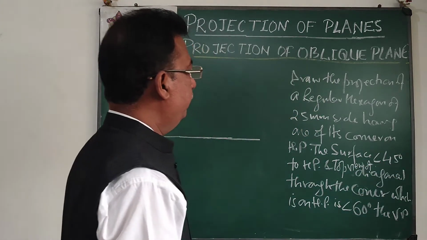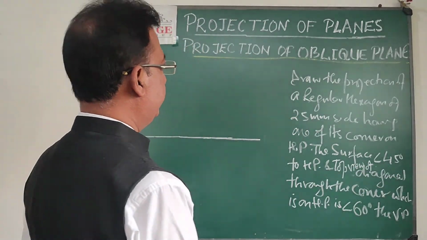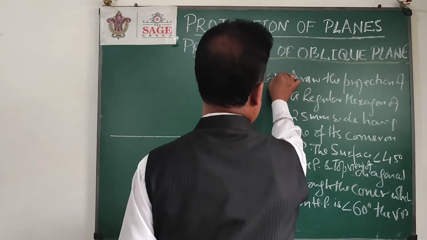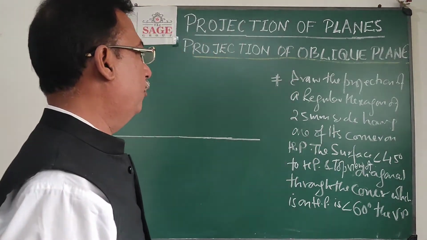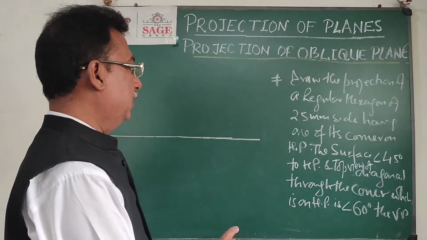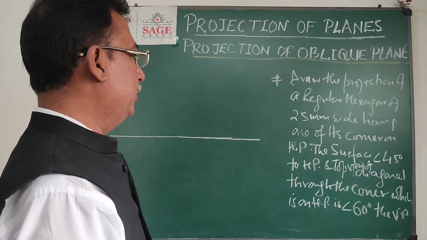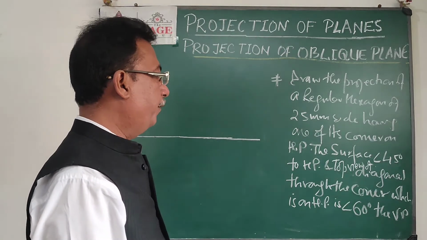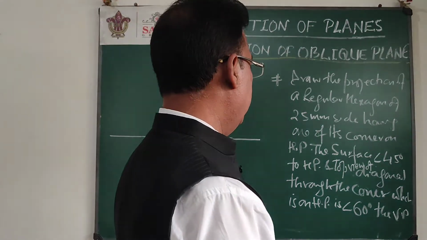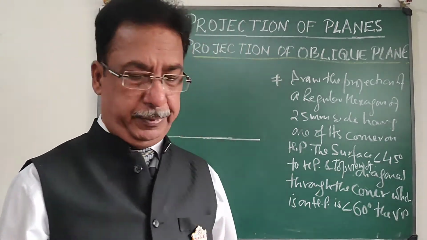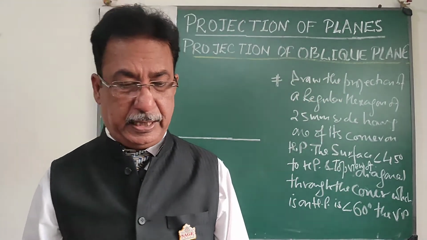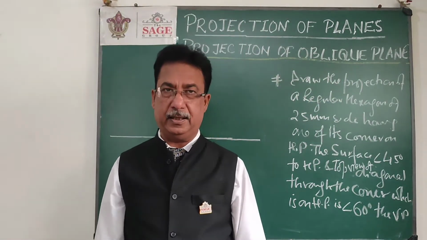Again look at the problem. What I am saying, draw the projection of a regular hexagon of 25 mm side having one of its corners on the HP, the surface inclined 45 degree to HP and the top view of the diagonal through the corner which is on the HP will be inclined to VP by 60 degree. So this is the same problem which we were discussing earlier.